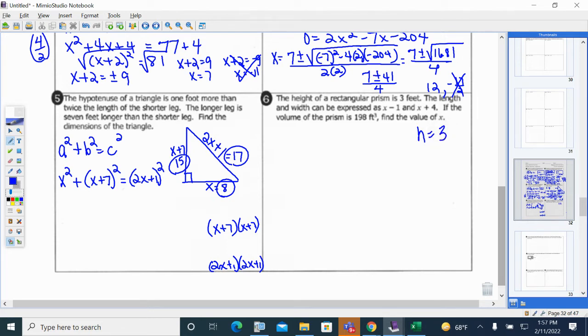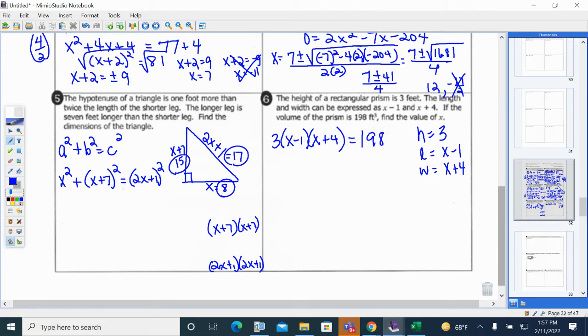The length and width, it doesn't specify which one's which. One of them is x minus 1, the other one is x plus 4. So what I need to do is multiply all that out. 3 times x minus 1 times x plus 4, that's the formula for volume, which is 198 feet cubed.